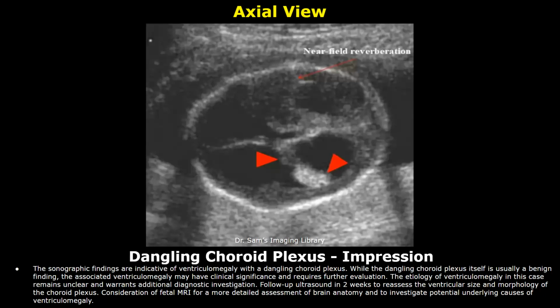The etiology of ventriculomegaly in this case remains unclear and warrants additional diagnostic investigation. Follow-up ultrasound in 2 weeks to reassess the ventricular size and morphology of the choroid plexus. Consideration of fetal MRI for a more detailed assessment of brain anatomy and to investigate potential underlying causes of ventriculomegaly.